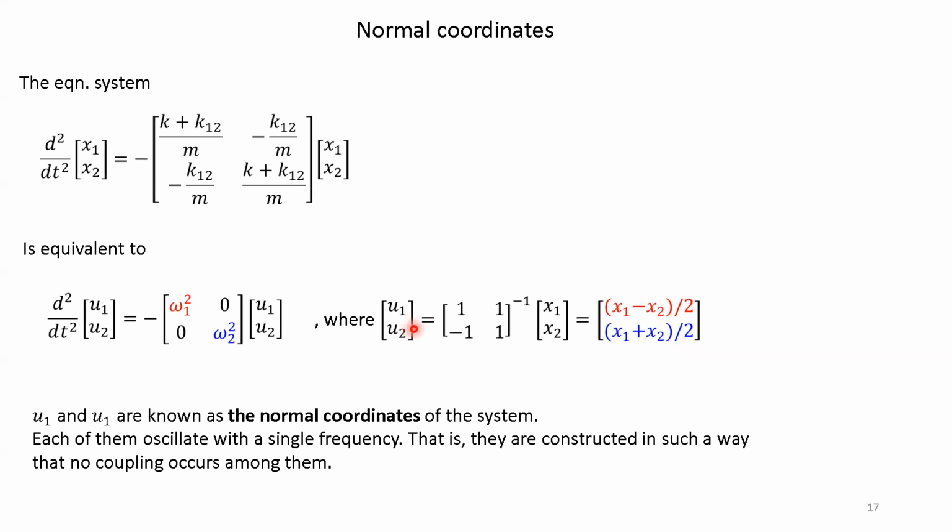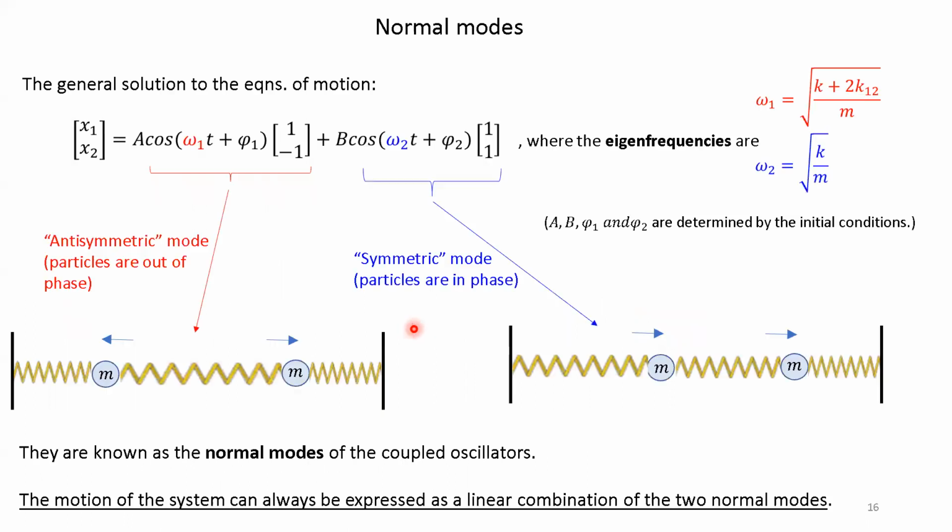Okay, so now let's try to solve an initial value problem. I know that the general solution is a linear combination of the two oscillation modes.